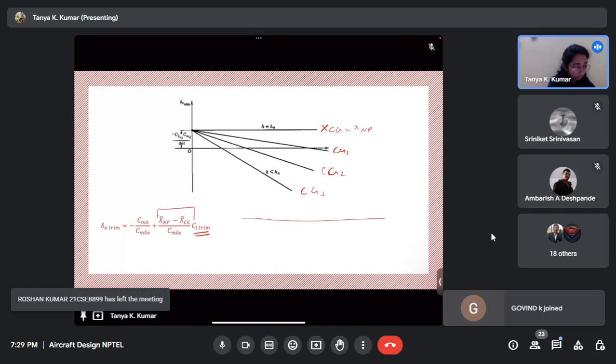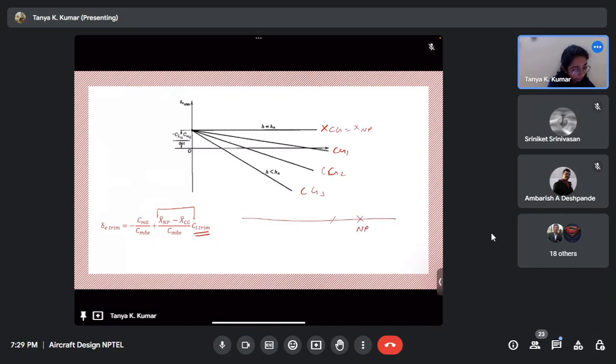So if this is your fuselage reference line, this is your neutral point, this is CG1, this is CG2, this is CG3. As your CG moves away from the neutral point, the magnitude of the slope keeps increasing. Okay, it's a negative slope, but the magnitude keeps increasing. If your CG is at the neutral point, you have no slope.